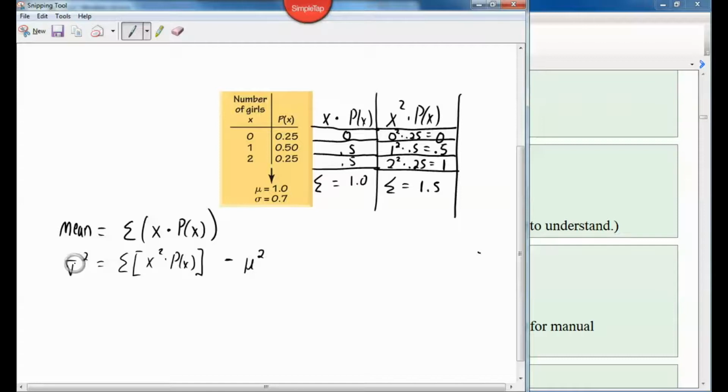So if we want to find the variance, that's going to be 1.5 minus the mean, which we've already found, mu, squared. So minus 1.0 squared. So what's that going to be? 1.5 minus 1.0 is 0.5.